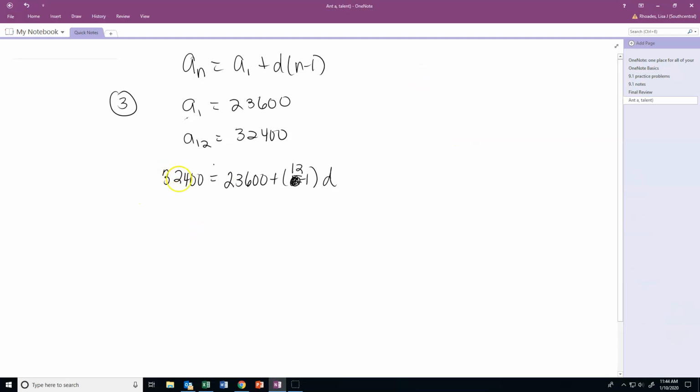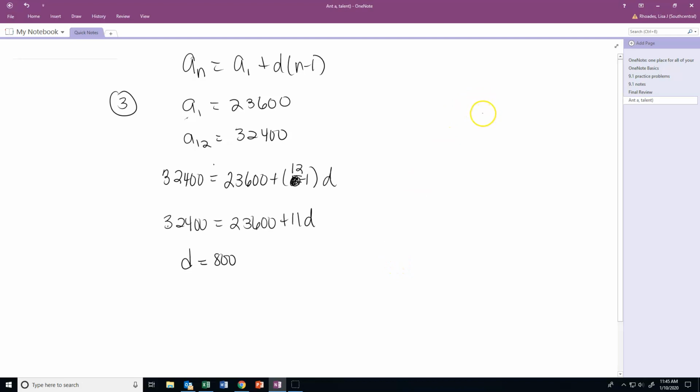Now I'm going to solve this, and I end up with 32,400 equals 23,600 plus 11d. Then go through and solve the equation, and you end up with d is 800.